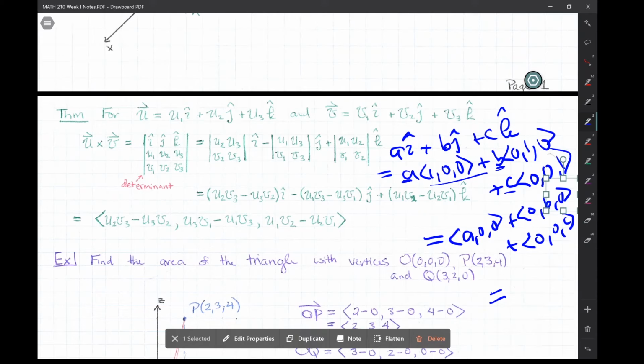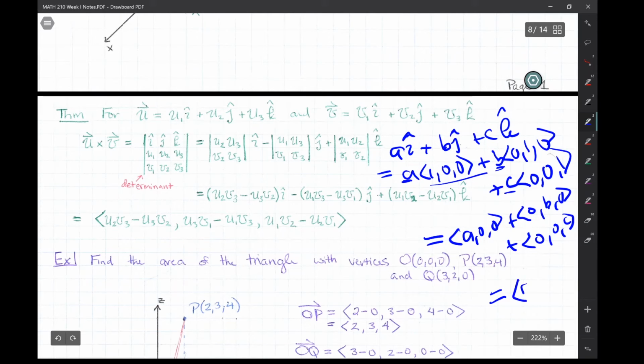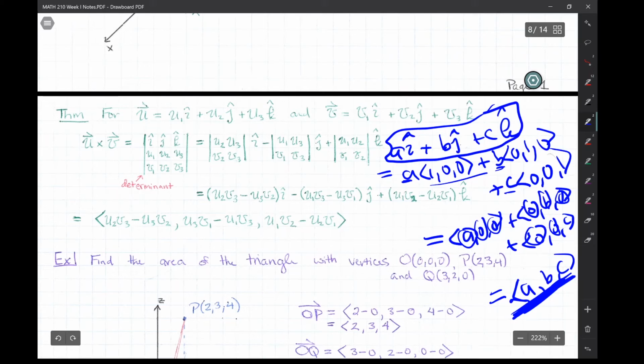And when you add, you're going to get a plus 0 plus 0, and that's just a. And then you'll also get 0 plus b plus 0, and that's just b. And then you'll get 0 plus 0 plus c, and that's just c. So the moral of the story is that if you see a vector with the angled brackets a, b, c, you should think about it exactly the same way as this guy, okay?